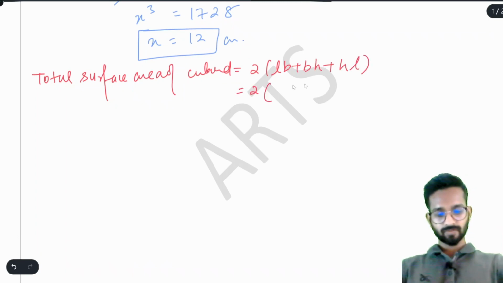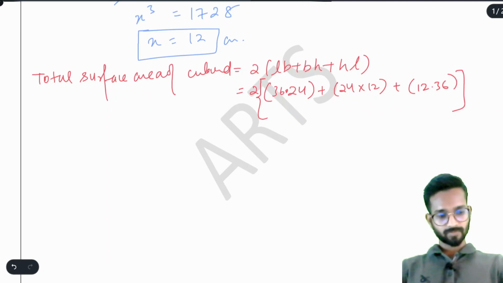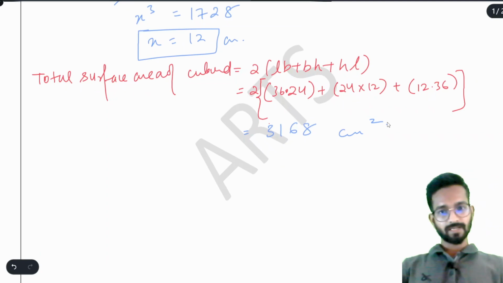So 2 of 36 into 24, plus 24 into 12, plus 12 into 36. When you solve this, you will get around 3168 centimeter square. Understood? This is your total surface area of the cuboid.